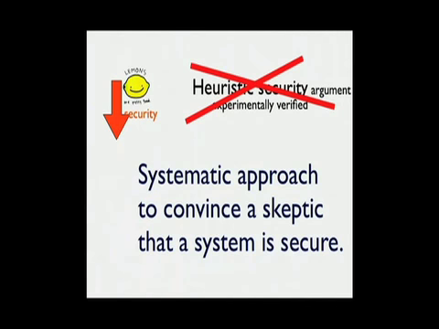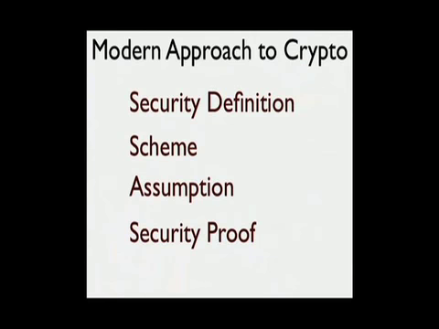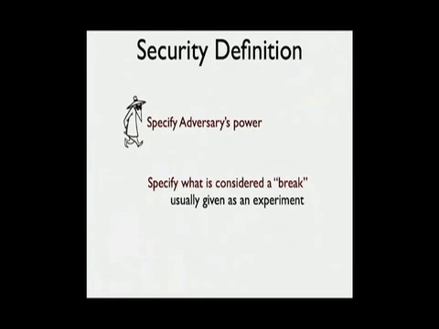Okay, and that system is based on this sort of theory of cryptography, this approach that you provide a mathematical security definition, you present a scheme and an assumption, and then you give a security proof as to why that scheme should really satisfy that definition under the assumption. Okay, and this essentially a security definition is a very mathematically rigorous statement which specifies exactly what is considered a break of a particular system.